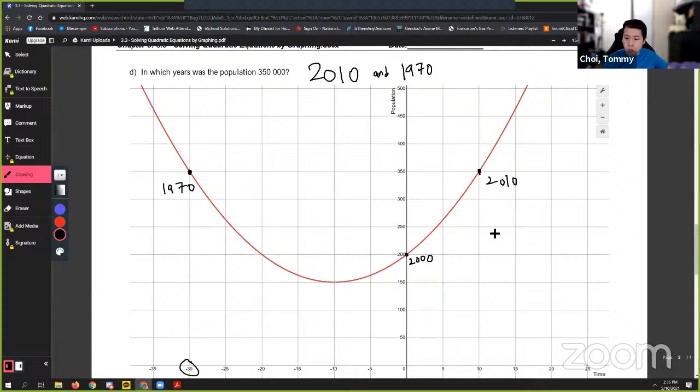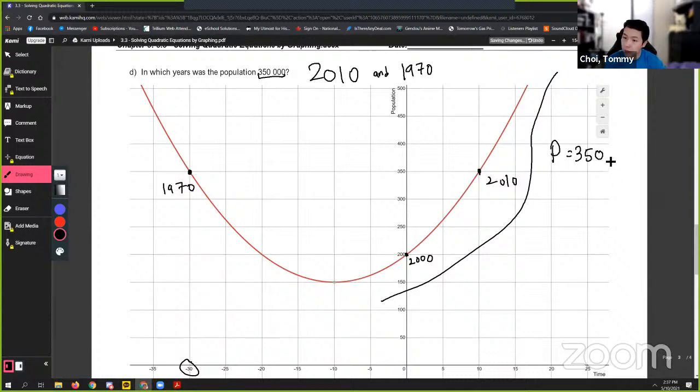So when it says the population is 350,000, that is telling us H of t is not 350,000, it's 350, because the population in our equation is by thousands. So it's 350, and it's asking us to find time.